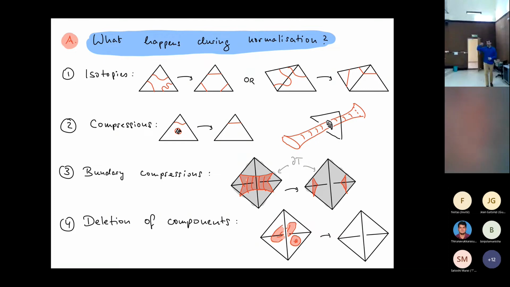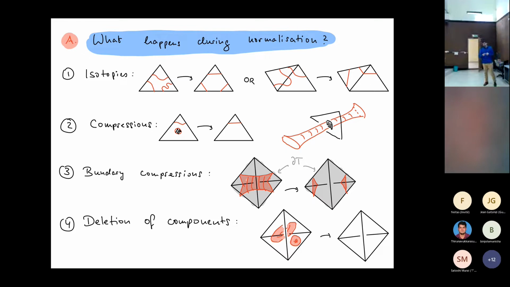So you start with a topologically embedded surface, you bring it into general position, transversal to the one skeleton. You do these four operations, and then it's a normal surface. So a good thing is if you start with an incompressible, boundary incompressible surface, these two things cannot happen, so you're left with an isotopy.